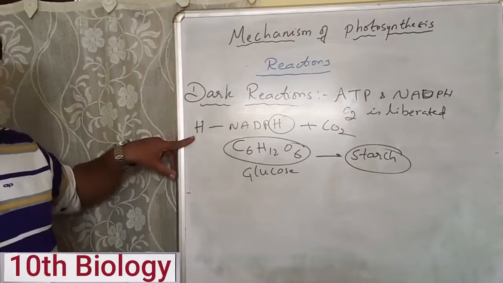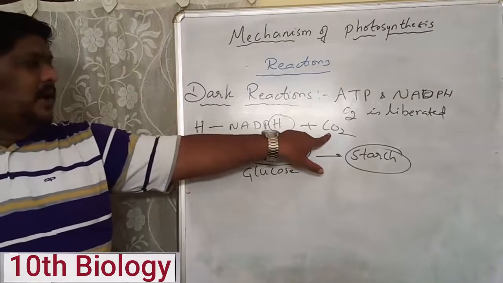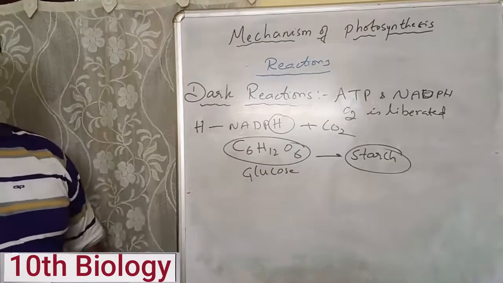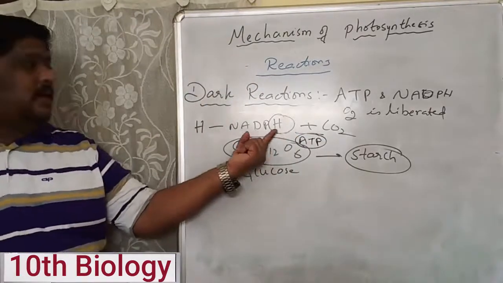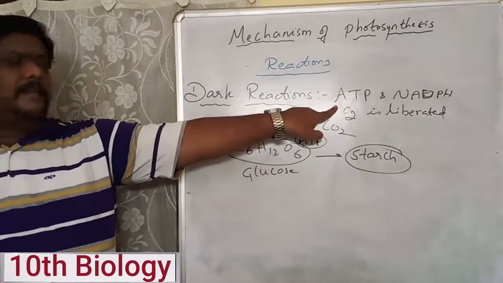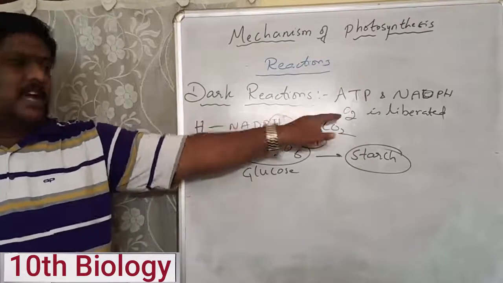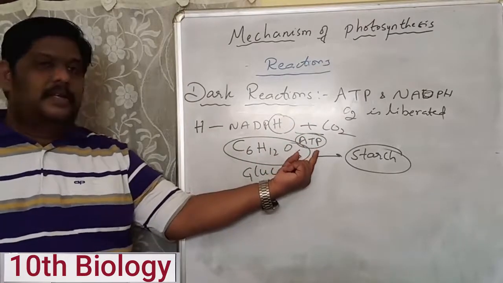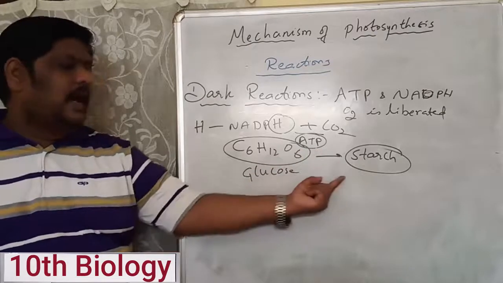The hydrogens which are in the NADP will combine with the carbon dioxide, and one more thing which is very important is they also utilize the ATP. Where is ATP formed? It is formed in the light reaction. So the ATP which is formed in the light reaction is used up in this reaction, in the formation of glucose or starch.